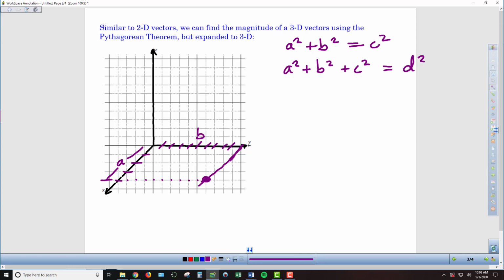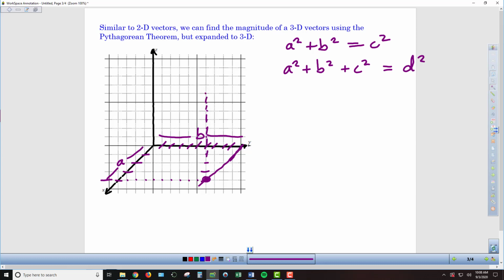I've traveled b units in the horizontal direction, but again to give that 3D effect of the xy plane popping out of the page at us. And then I'm also going to travel 10 units up in the vertical direction. So I'm going to go 1, 2, 3, 4, 5, 6, 7, 8, 9, 10.